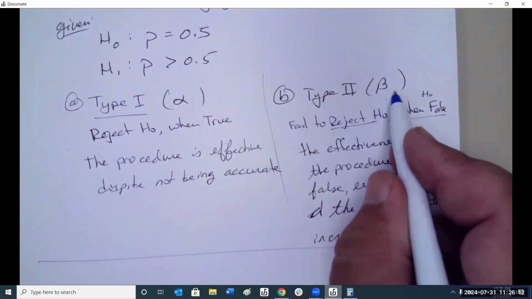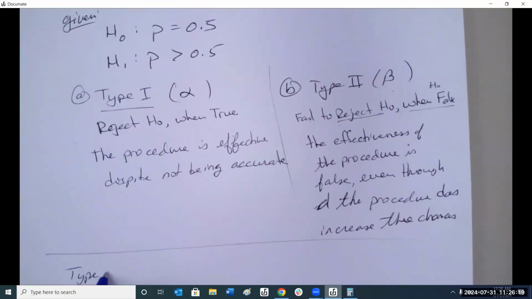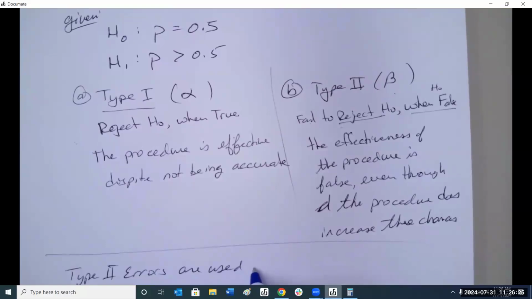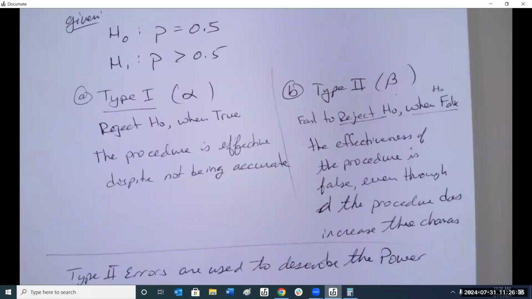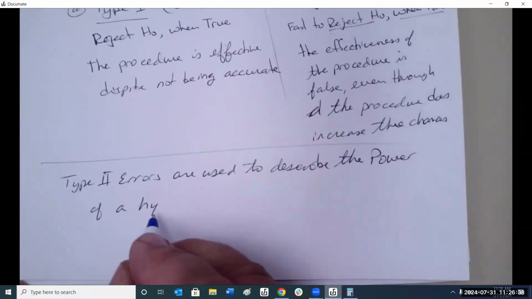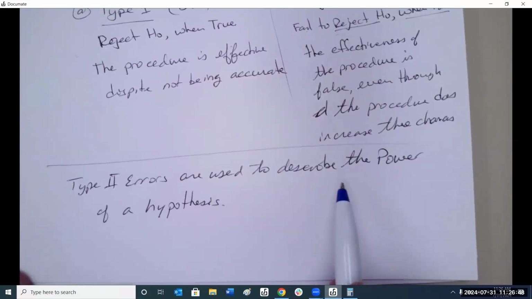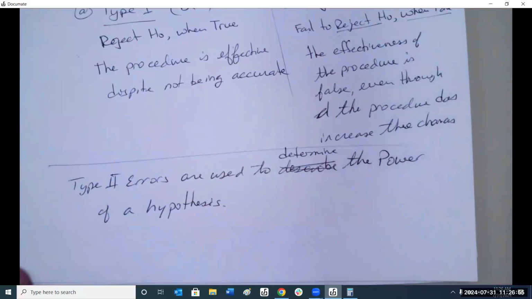The type 2 errors are used to determine the power of a hypothesis test.